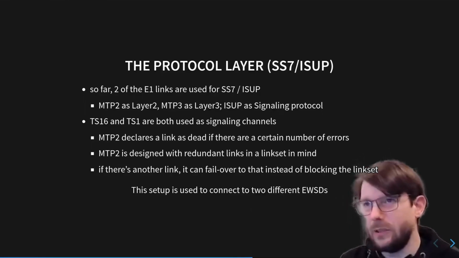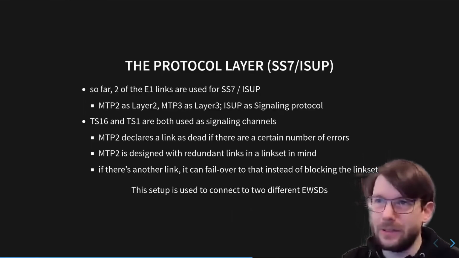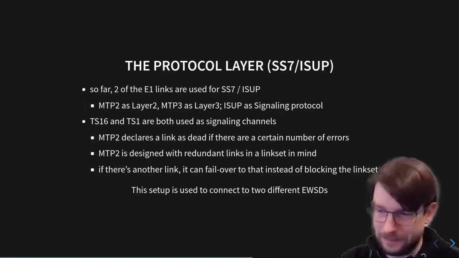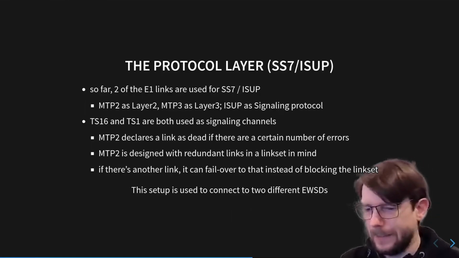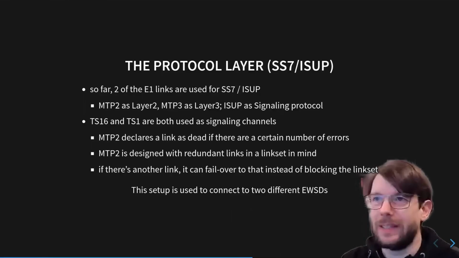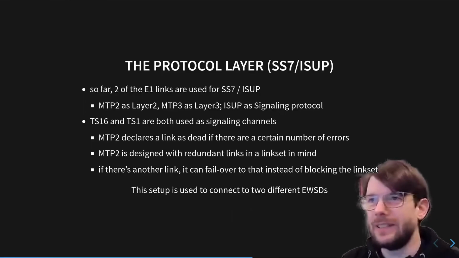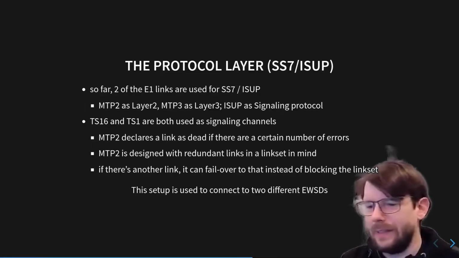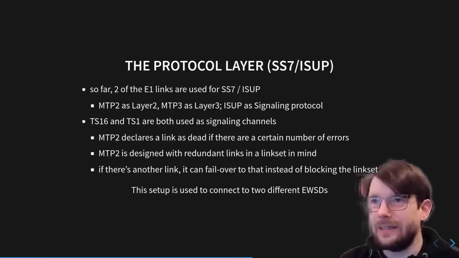The problem is if you have only one link and you have errors on that link, which in our case happens quite often due to lost packets, for example, on the internet, then the link goes out of service. And if you only have one link, then basically you cannot communicate anymore until it has recovered. By using two links, when one link is declared as dead because it has too many errors, it can basically fail over to the second link and the communication continues.